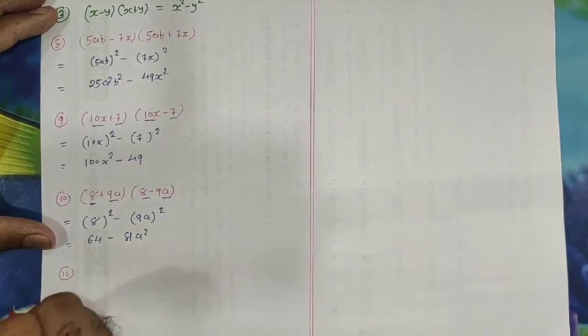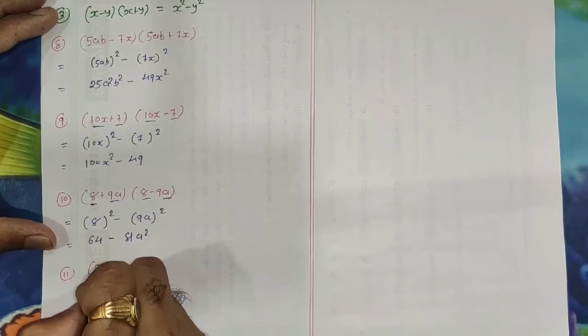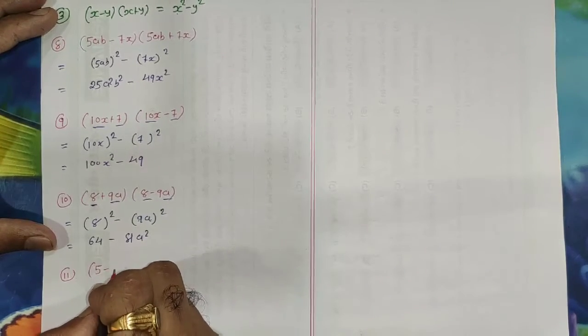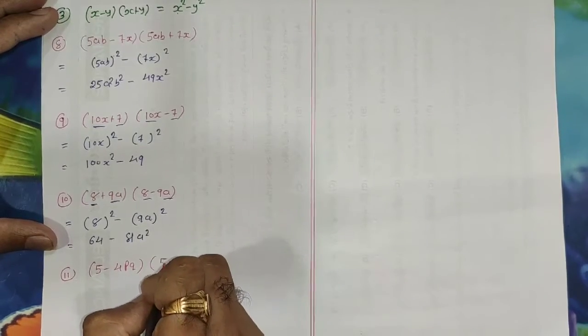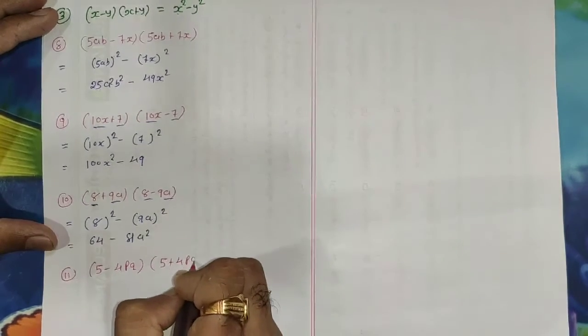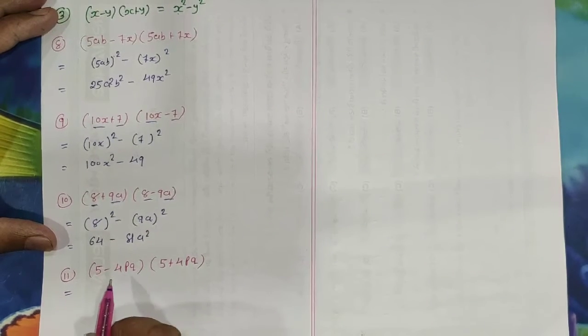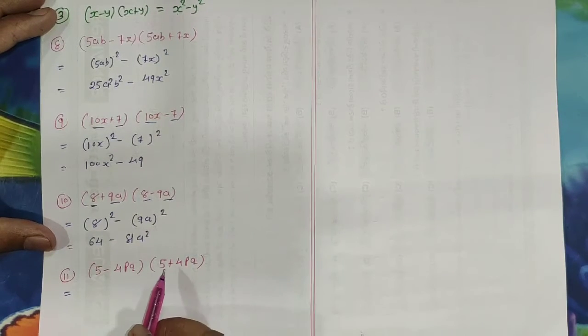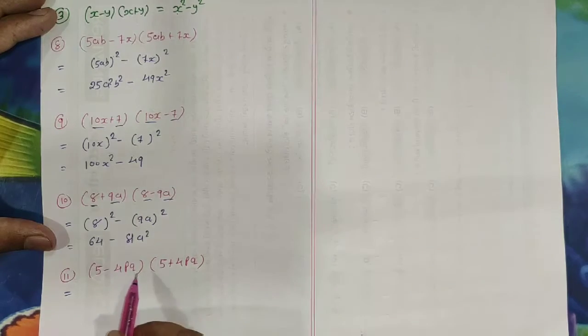Consider one more sum. Suppose we are given 5 minus 4pq and 5 plus 4pq. So here two terms are there, 5 and 4pq. One time their subtraction is there, one time their addition is there.